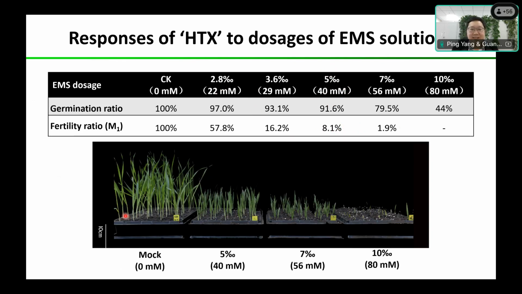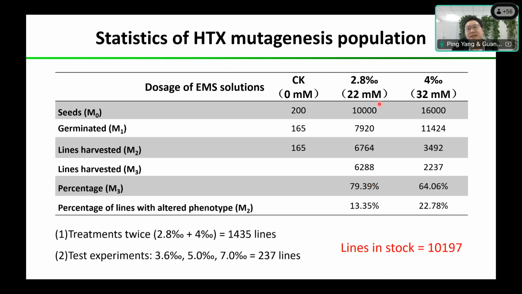As you can see here, finally we decided to use two concentrations, one at 22 and another at 32. We conducted the treatments separately and produced the mutagenesis populations.